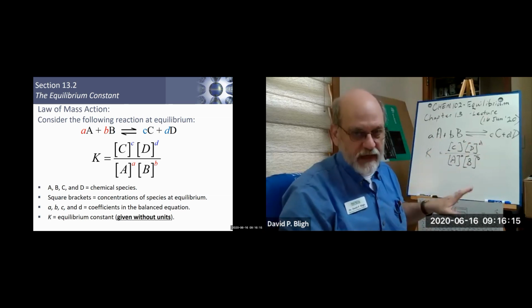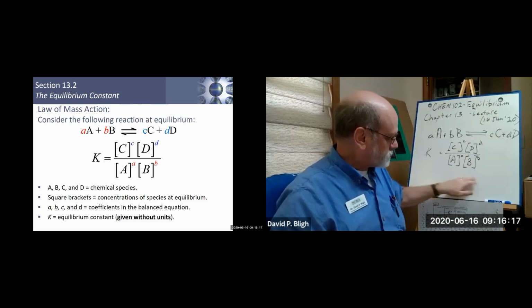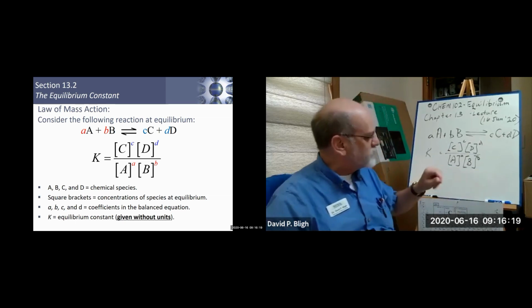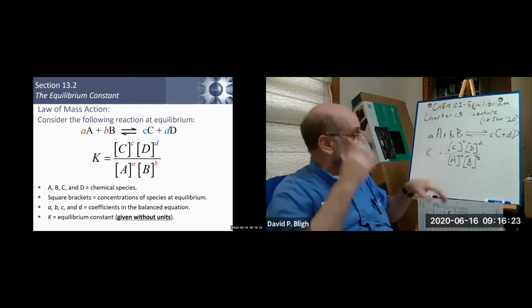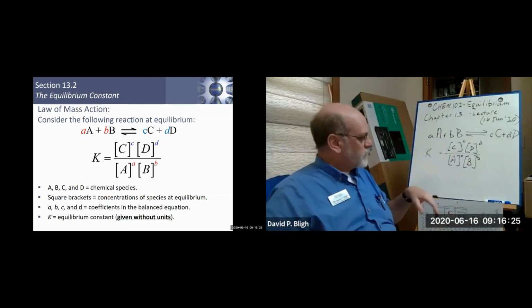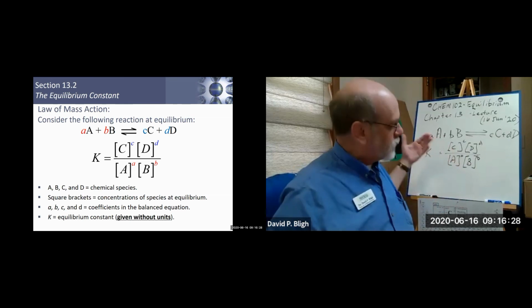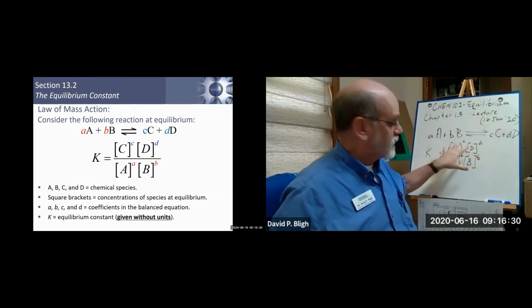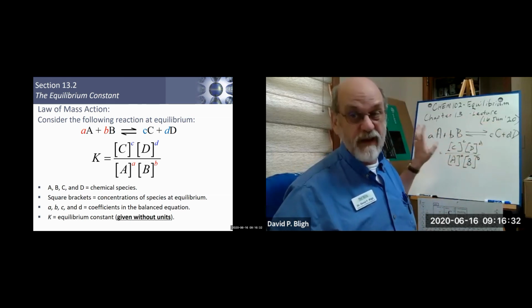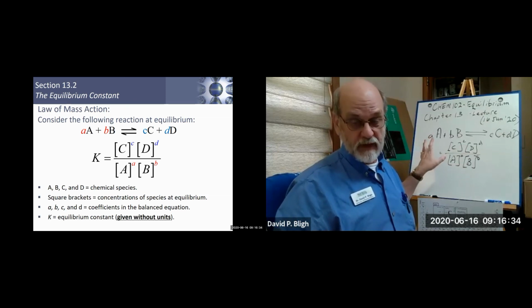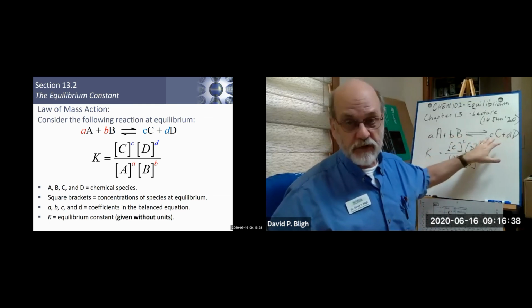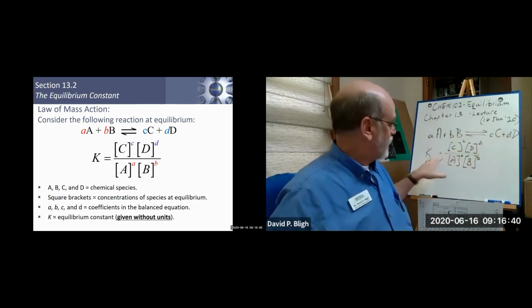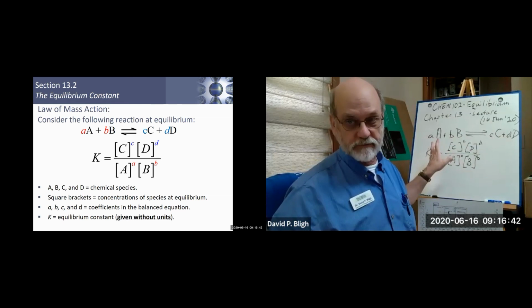That's always the case. So that gives you some indication as to what you can expect when you start plugging in real numbers. If your reaction largely goes to completion, the K value is going to be very large. And if the reaction is such that very little product is produced at equilibrium, then the K value is going to be very small.